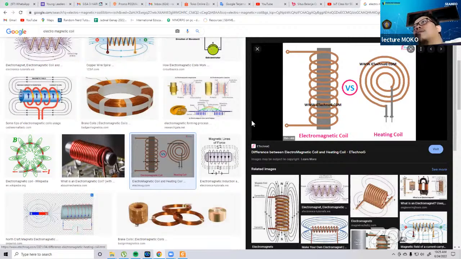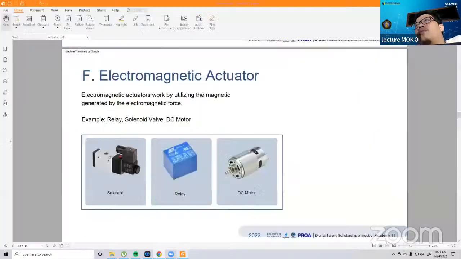So it is the concept for the relay mechanism. Yeah, inside this device, there is a magnetic coil mechanism. Also here in the solenoid relay, we also use a magnetic coil.